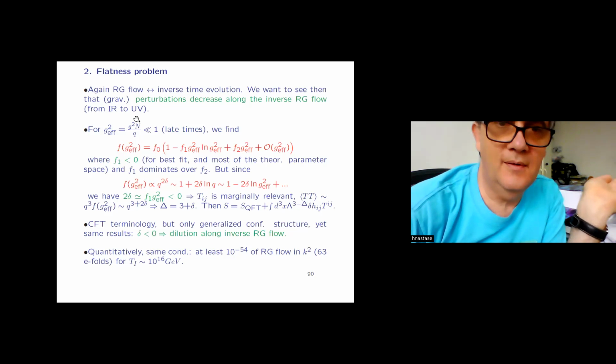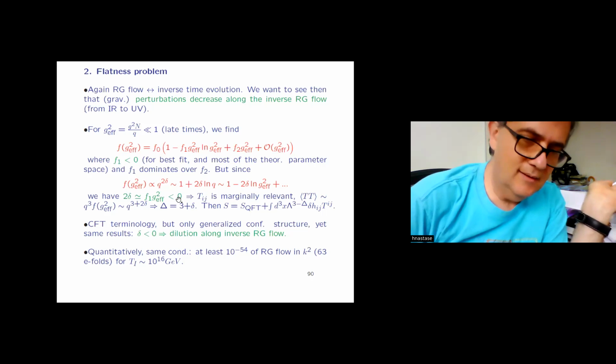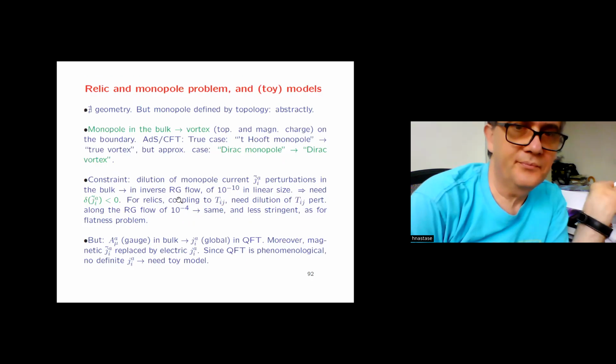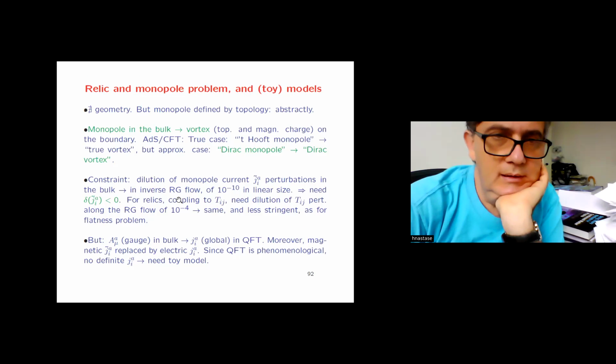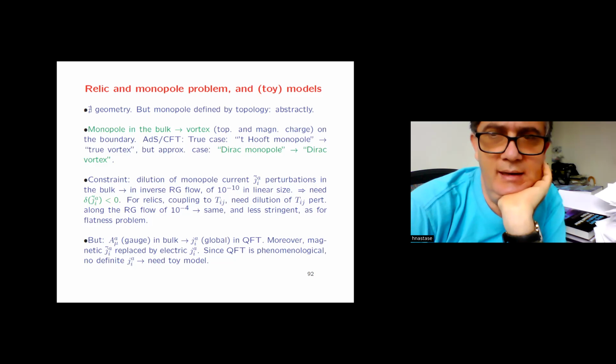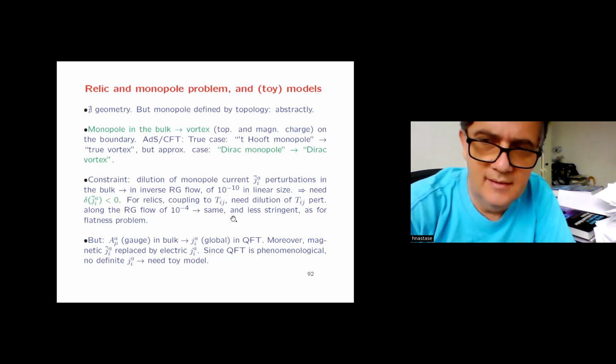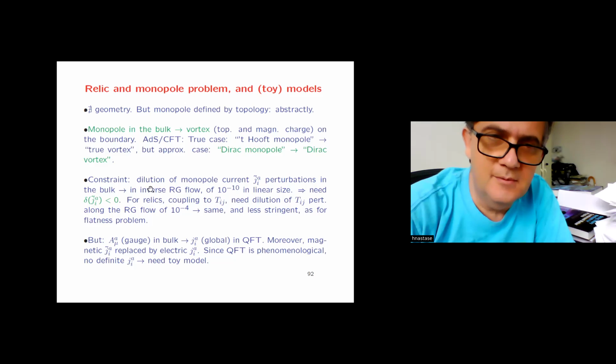For the flatness problem, we saw the same thing: we needed delta to be negative to have dilution. For relics which couple to Tij, we need dilution of Tij, which we already saw, and so it's a less stringent constraint, so we will not consider this. We'll just consider monopoles.